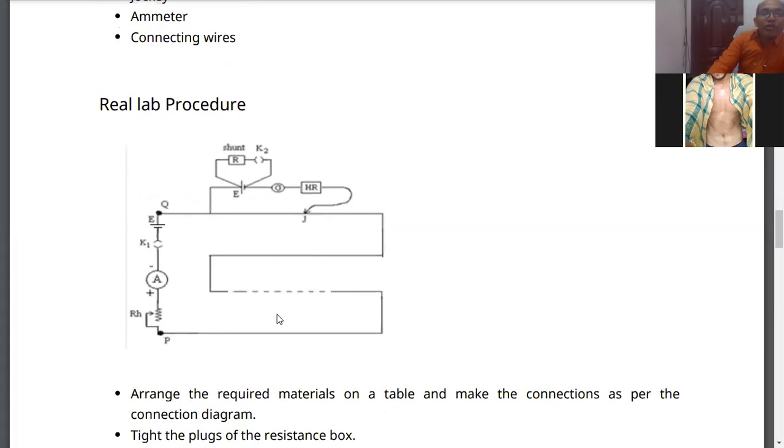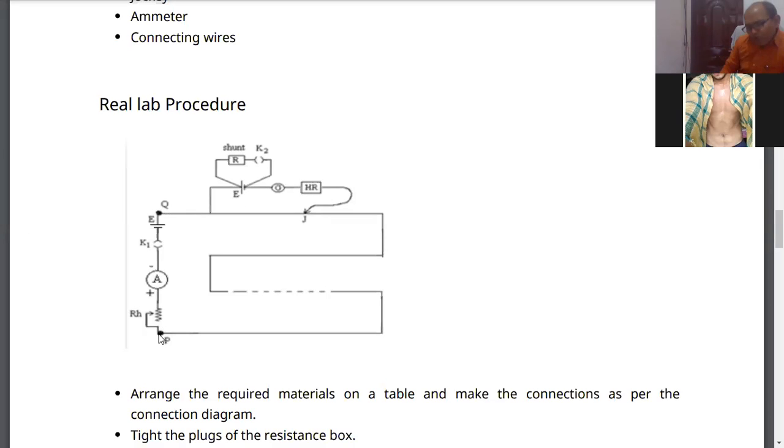This is the potentiometer. This point P stands for one terminal of the potentiometer, and point Q stands for the other terminal of the potentiometer. In your lab manuals, it may be A and this may be B. So try to understand. P stands for positive and Q stands for negative terminal of the potentiometer, or even you can say P stands for negative and Q stands for positive, as here in the diagram, Q for positive and P for negative.